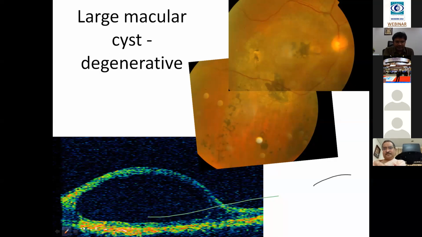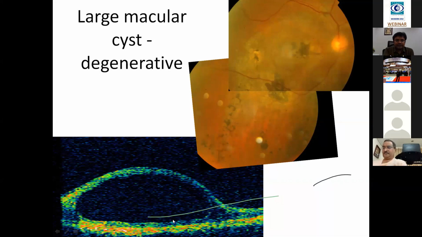If you see carefully here, the RPE is here and there is a large pocket of fluid in the center. Above the RPE and the fluid, there is some amount of retinal tissue. So this is basically an intraretinal cyst. But if there is an intraretinal cyst like in cystoid macular edema, what we have seen earlier, there are some intervening septae here.